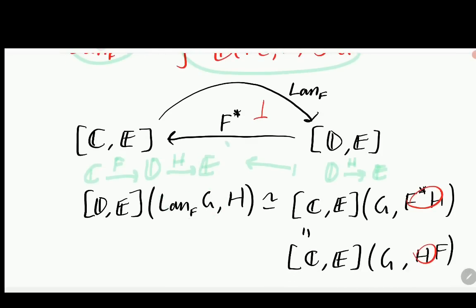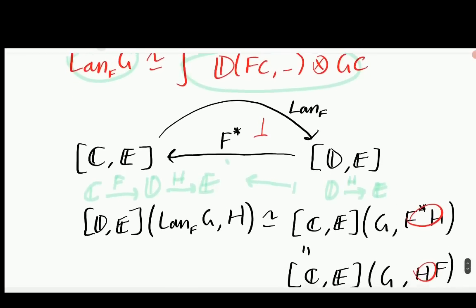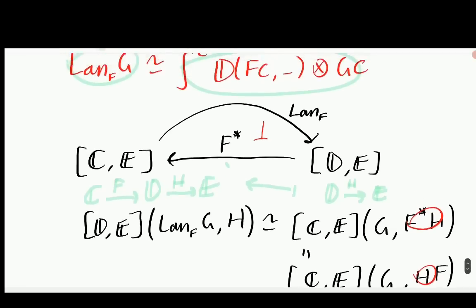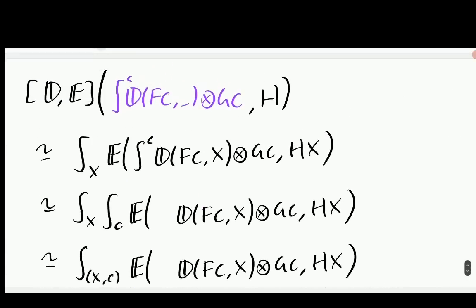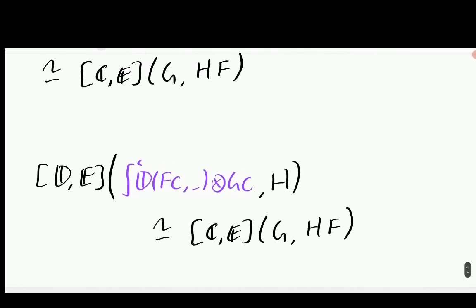So what we want to do is to show that we have this type of isomorphism, natural in G and H. And that'll do, because that'll mean that this gives us the left adjoint to F star, and then it must be working like the left Kan extension.